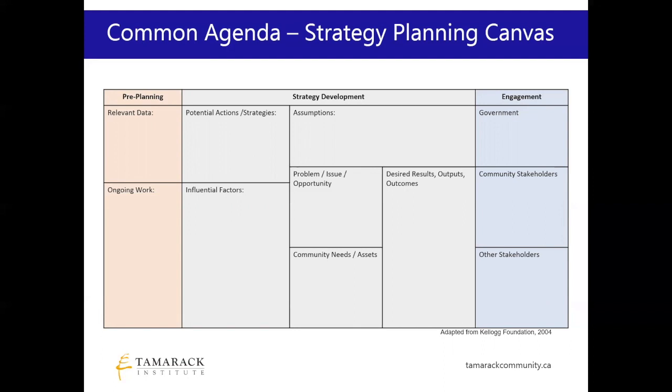So we want to increase our engagement of underrepresented youth, and we want to define that a little bit more, and then you work your way around the strategy planning canvas. You might look at community needs and assets. What are the results? Well, we want to increase the engagement of underrepresented youth by 5% in the next year. What are some potential strategies that we might employ to do that?